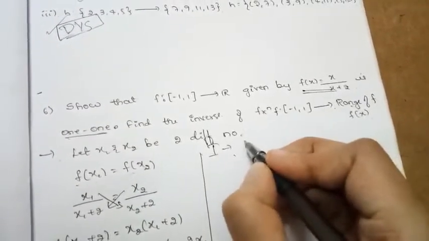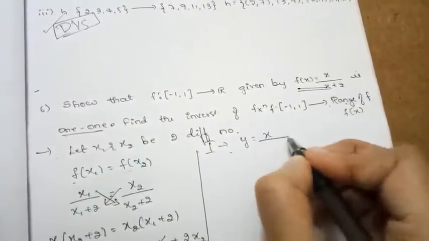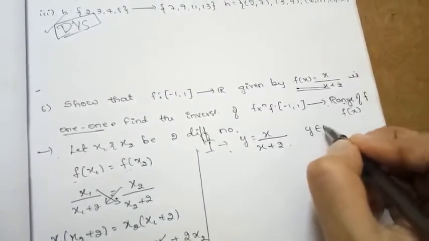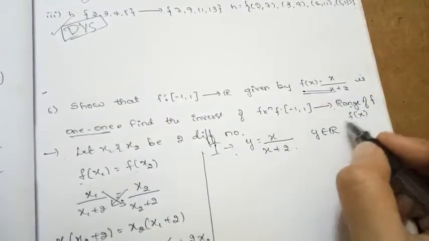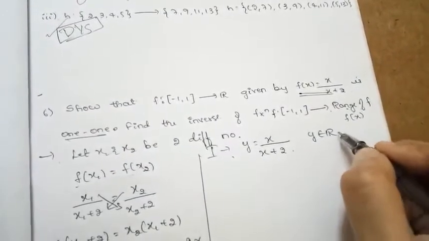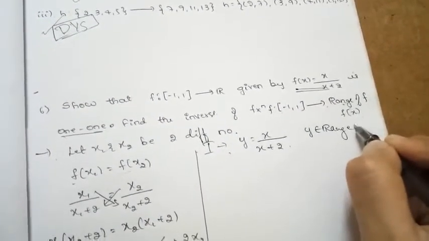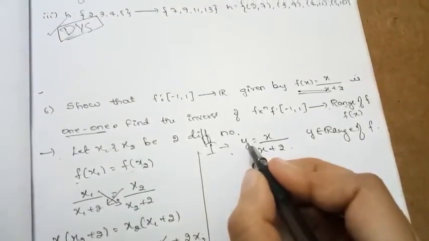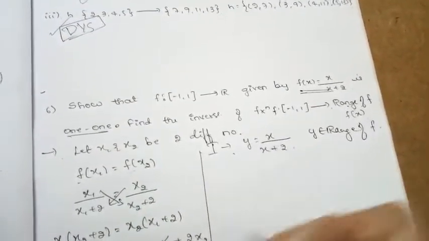Here they have given y equal to x divided by x plus 2, where y belongs to the range of the function f. Here they have expressed x in terms of y.